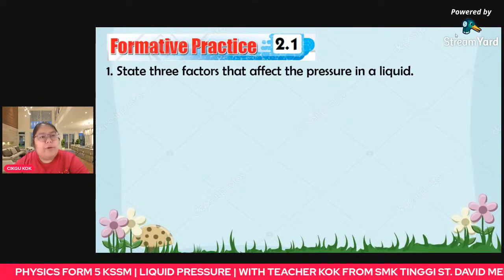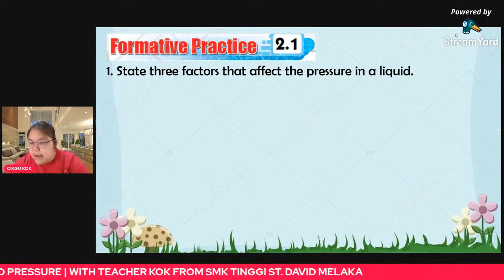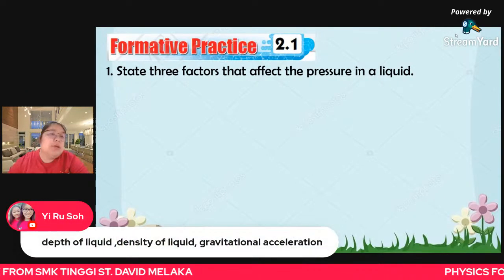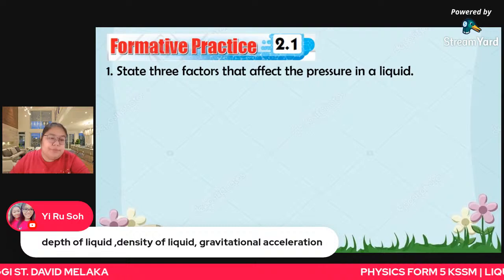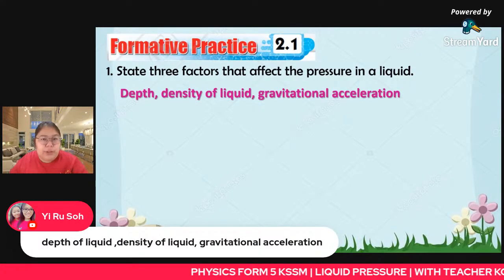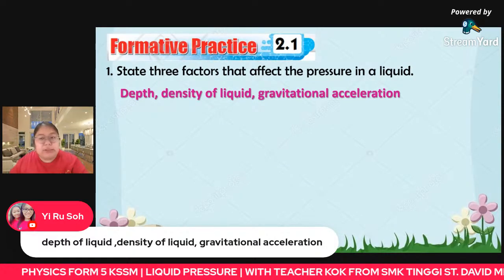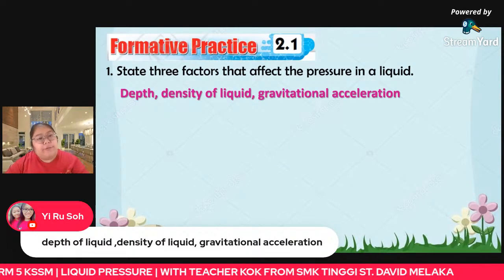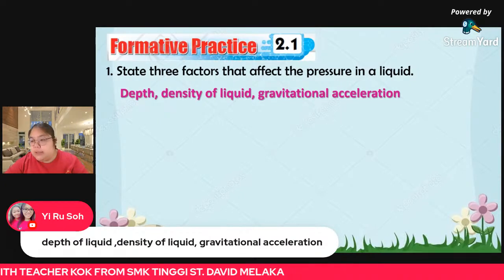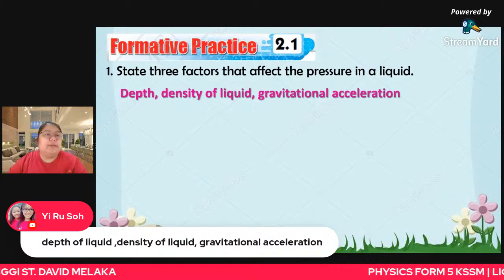Okay, depth of liquid, density of liquid, gravitational acceleration. Perfect answer from Yiru. So depth, density of liquid and gravitational acceleration are the three factors that affect liquid pressure. Nixon is also correct. Then we go to the next question.